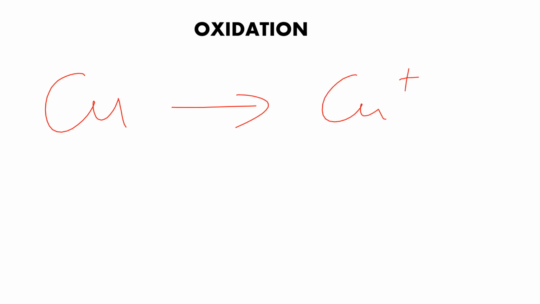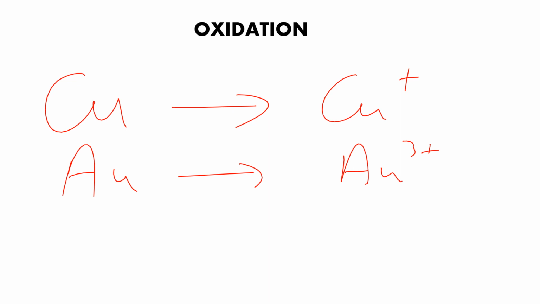This definition, of course, works for any element, not just magnesium. So if you've got something like copper going to copper plus 1, that's oxidation. If you've got gold going to gold plus 3, the gold has been oxidized.